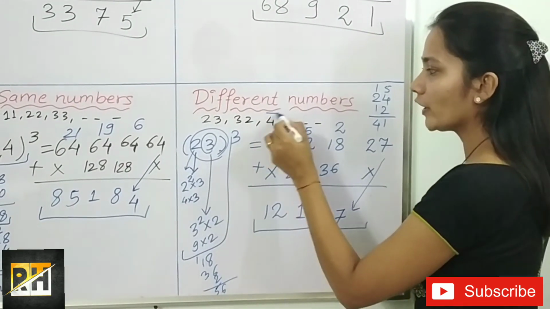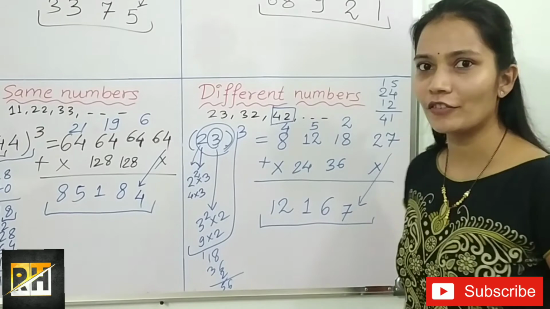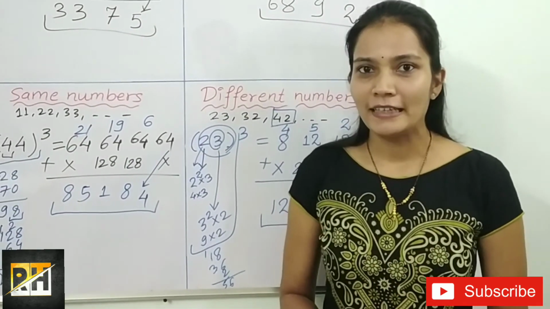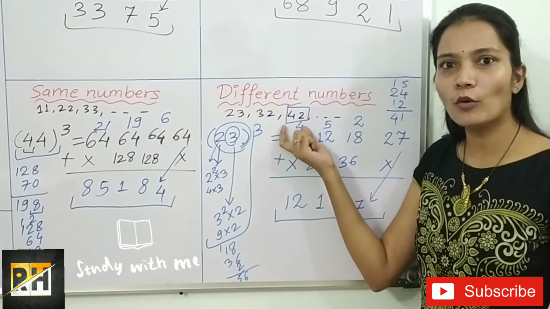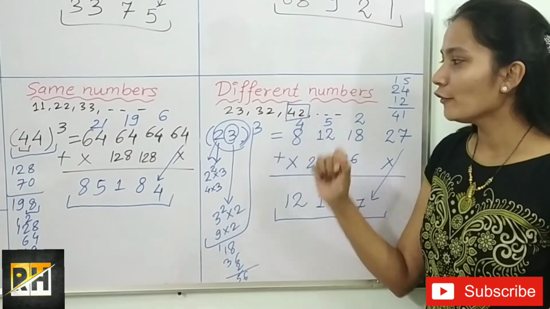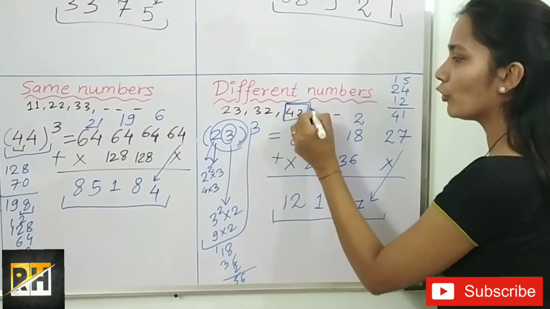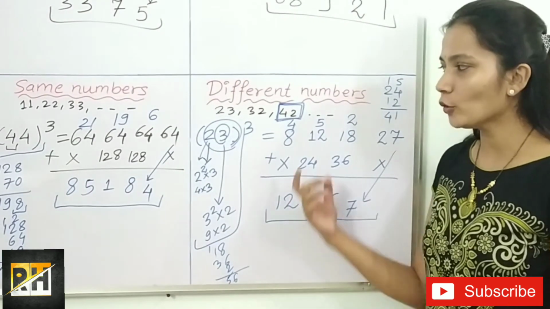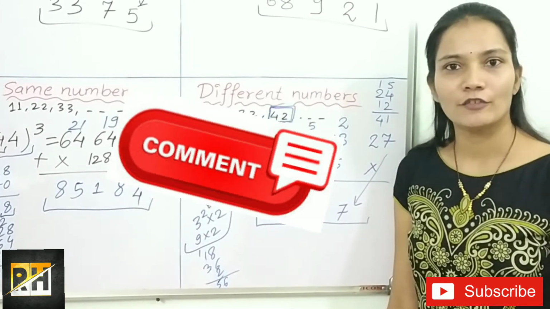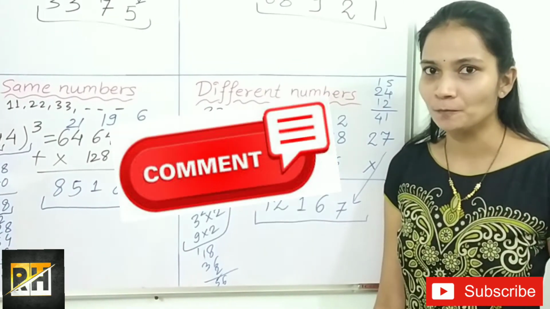Now for 42, how you will solve and what answer you get, let me know. I am giving you as a homework. You have to find the cube of 42 by this method and let me know what answer you are getting.